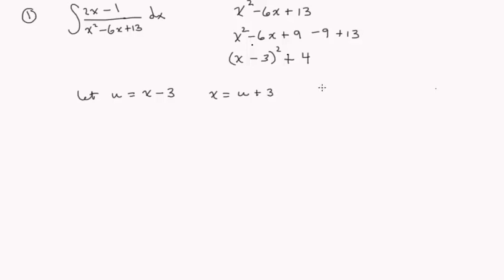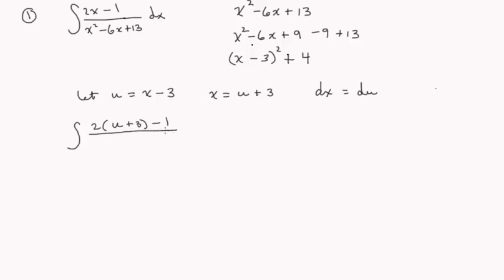And then another key feature is we have to find dx. In this case, dx is going to equal du. Now we're ready to make the substitution. And so I have in the numerator 2 times, instead of x, u plus 3, minus 1.